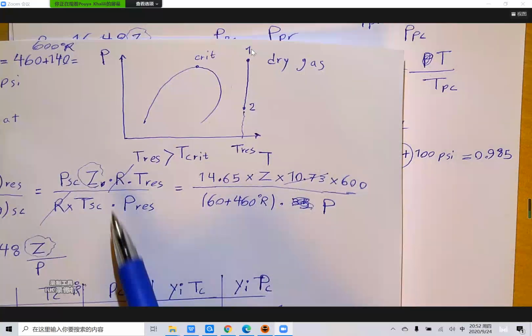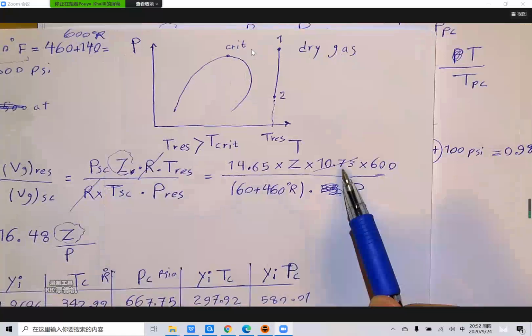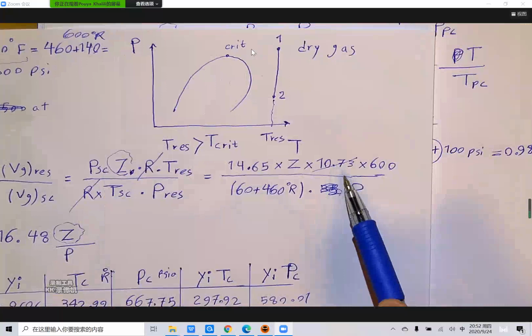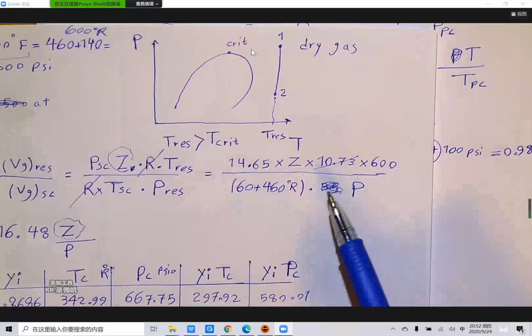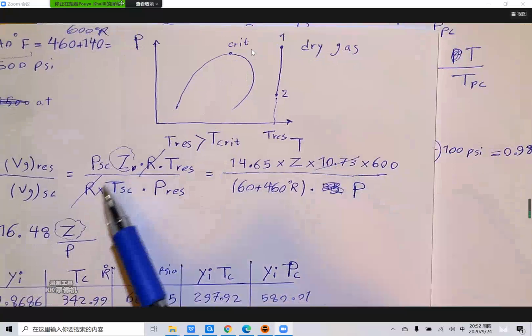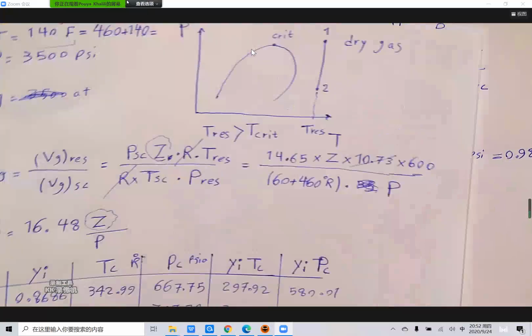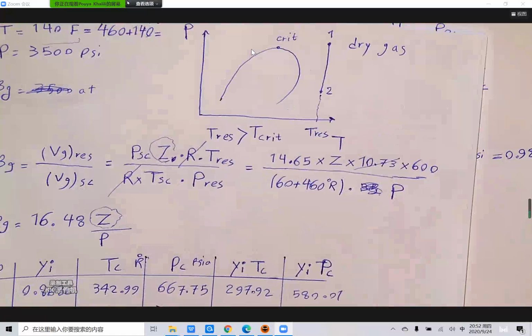However, in the compendium it's wrong, and I think that the lecturer, Professor Strand, should be informed about this. To be sure, I will ask him later. But now you just cancel out the R's, and the value that you've got, 16.48, does not include the R.